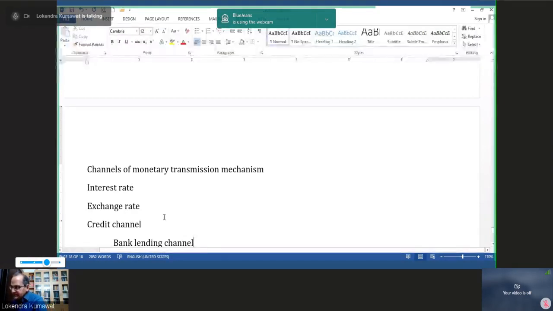Bank lending channel basically means that if the central bank is following tight monetary policy, in that case, the banks will cut down on their lending. Look at, for instance, the Reserve Bank of India raising the required reserve ratio. There are fewer funds available with them for making loans. As a result, they will cut back on lending. So it is one channel.